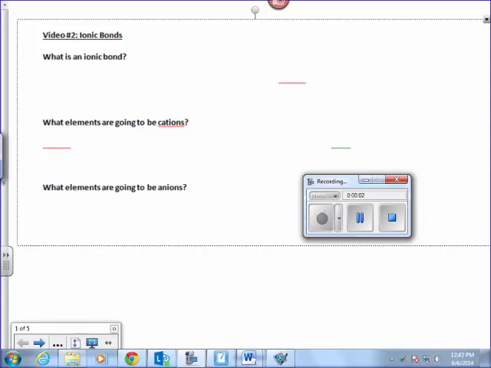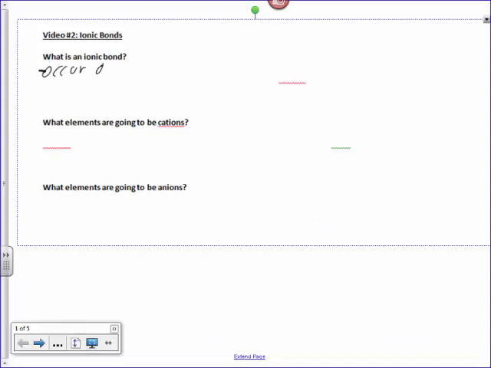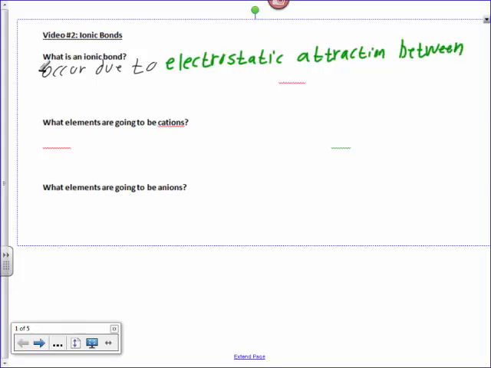All right, let's talk about our first major type of bonding. These are ionic bonds. So first, let's go ahead and talk about what an ionic bond is. Ionic bonds occur due to, and here's your key word, electrostatic attraction between, here's your other keywords, cations and anions.